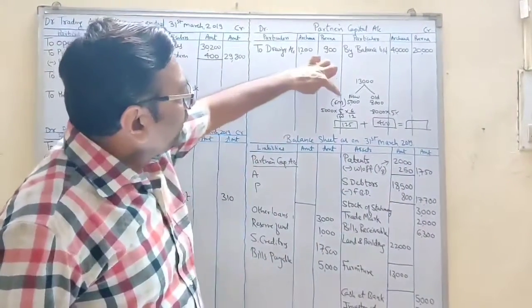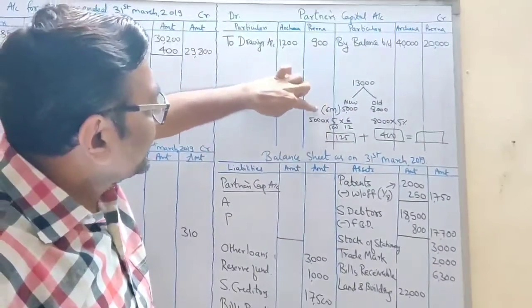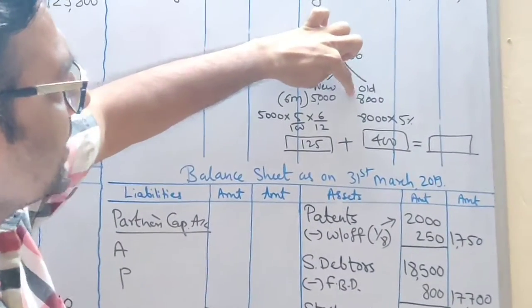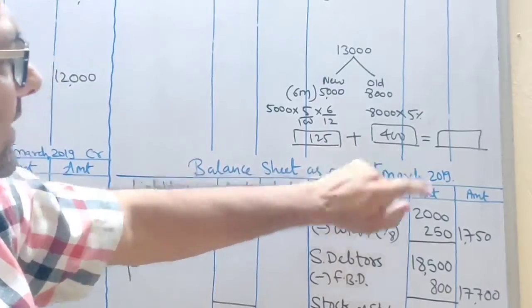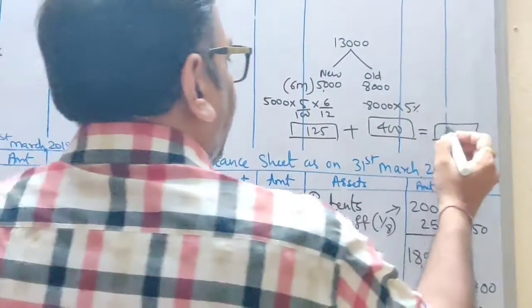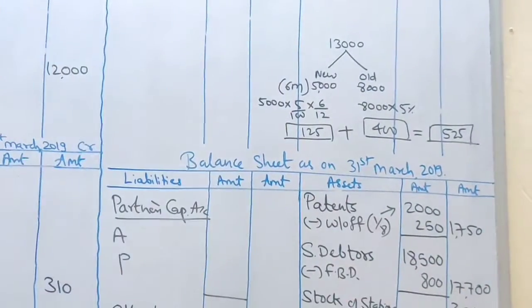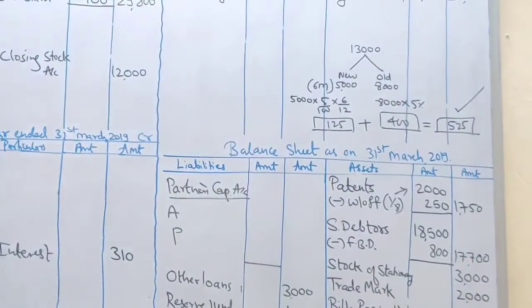See, student, on new furniture you will calculate for 6 months and it is coming 125. On old furniture 8,000 you will calculate for the entire year, it comes to 400. Now add these two, you will come to know the total depreciation. So total depreciation is 525.